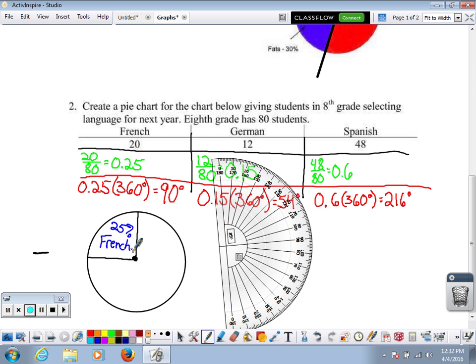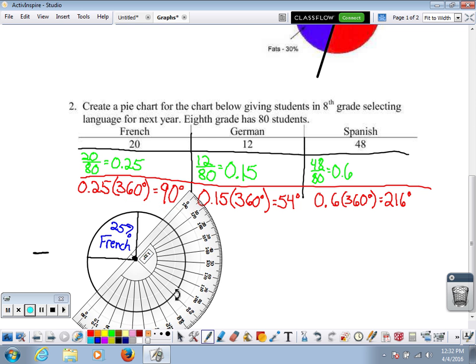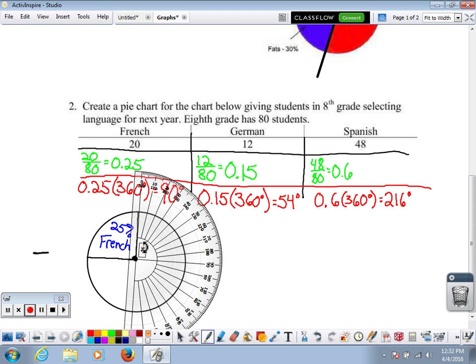Now we also want to mark the Germans. So, bring the protractor back over. Except this time, I would go from the line we just created, but I'm out of space. So I'm going to put it on the other side of that vertical radius. I'm going to start from the 0, and work my way over until I see 54. Well, 54 is right about here.